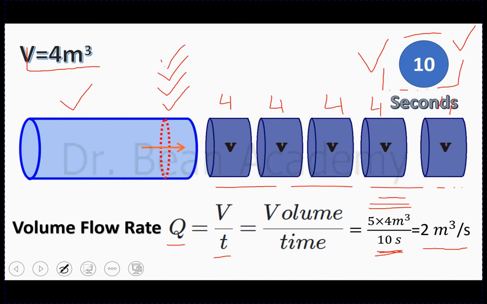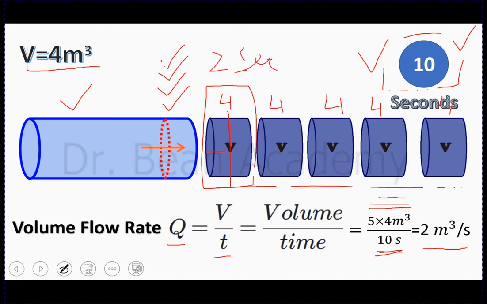So it means only half of the volume passes through the unit area in 1 second. Or in other words, I can say that it took them 2 seconds to pass this whole volume of water through the unit area.